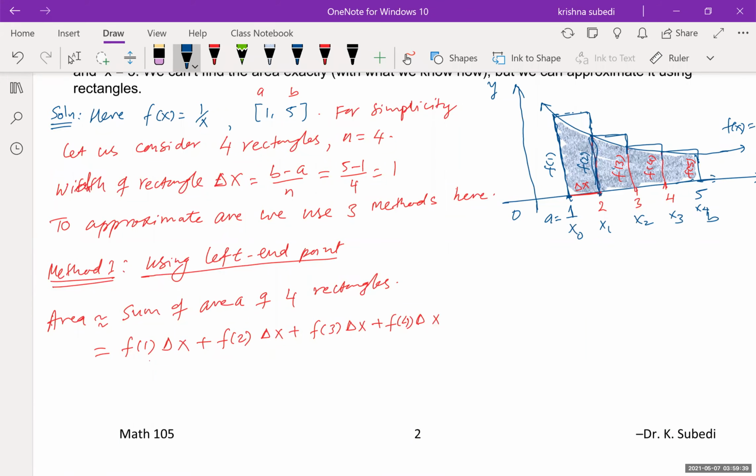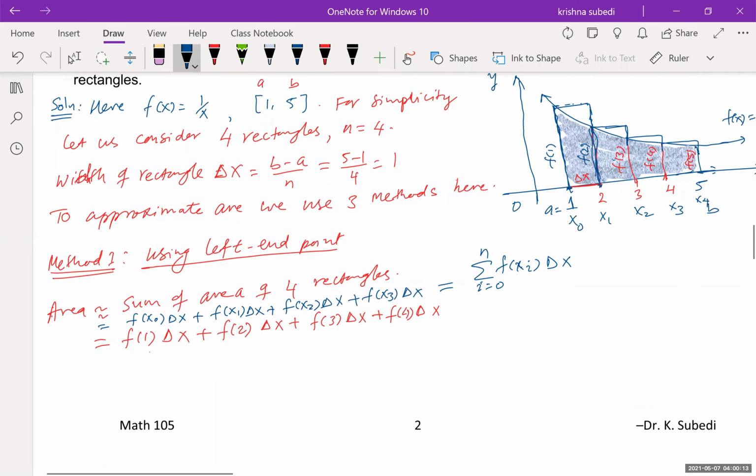So if I do this, then I can also write that the area will be f of x naught delta x plus f of x1 delta x plus f of x2 delta x plus f of x3 delta x, right? So if you want to use the summation notation, you can write i runs from 0 to n, f of xi delta x. You can write that way too.